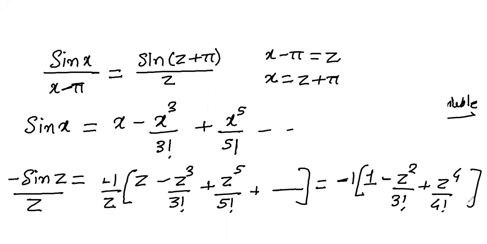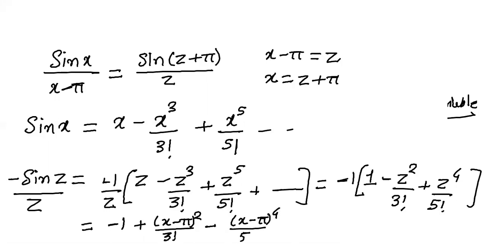And the value of z is x minus 5. So minus 1 plus x minus 5 square upon 3 factorial minus x minus 5 to the power 4 upon 5 factorial.